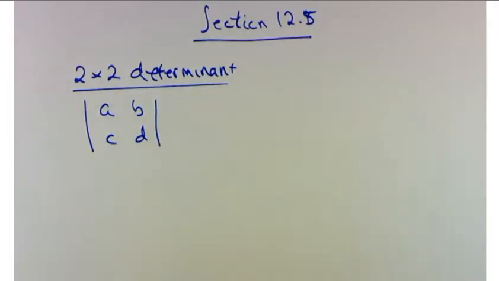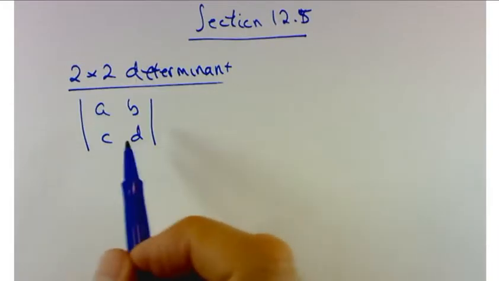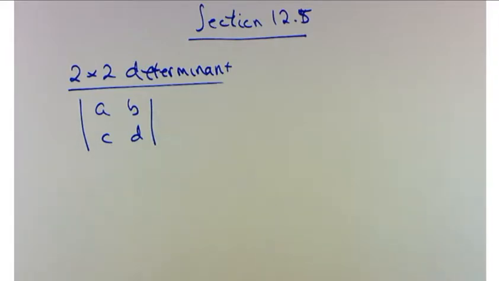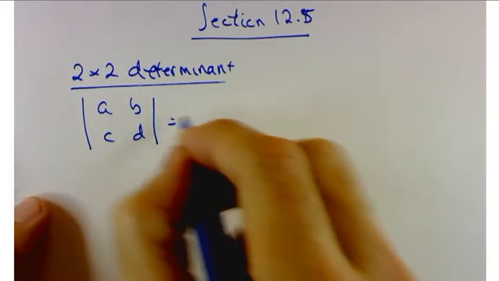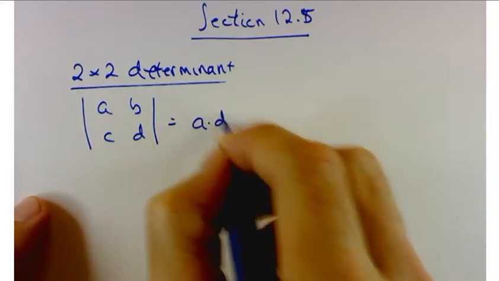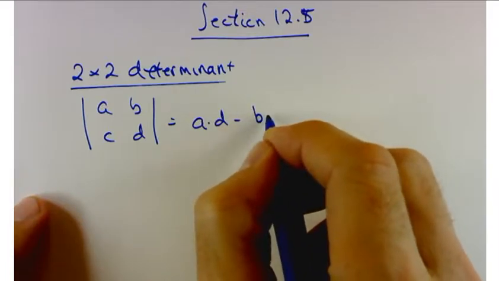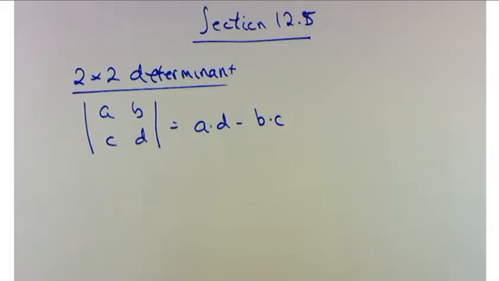Instead of brackets like you would have around a matrix, you're going to have what looks more like an absolute value here. Now, the calculation to determine it is pretty simple. It's just the product going down, so A times D, minus the product going up, which is C times B, although traditionally we write it in alphabetical order, B times C.